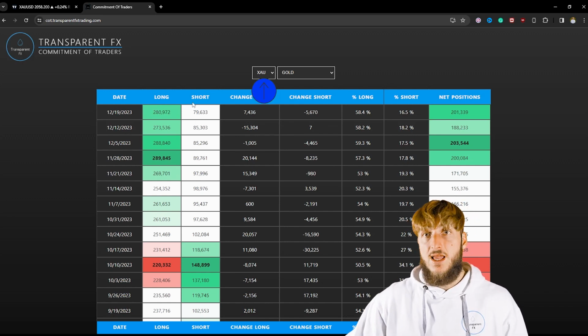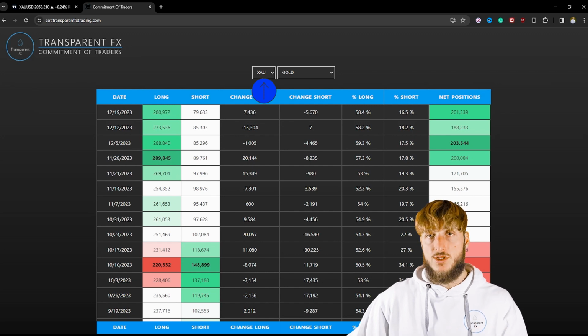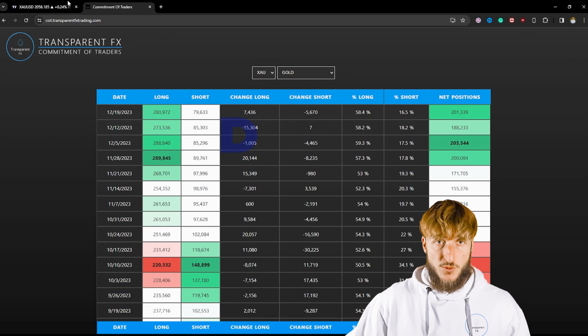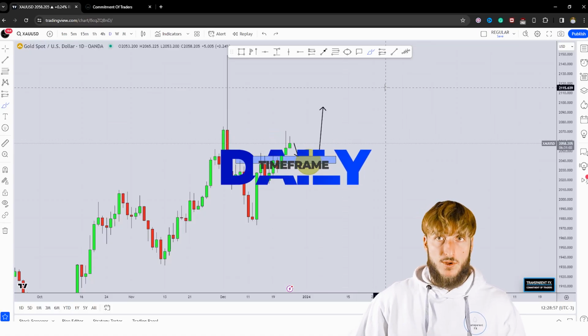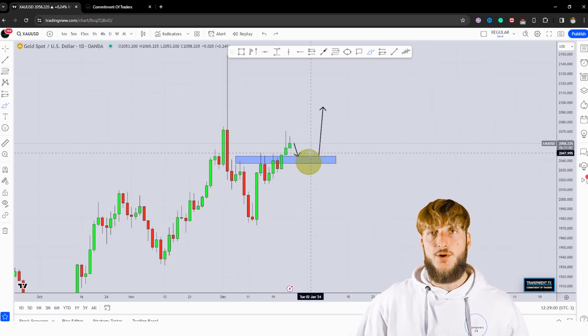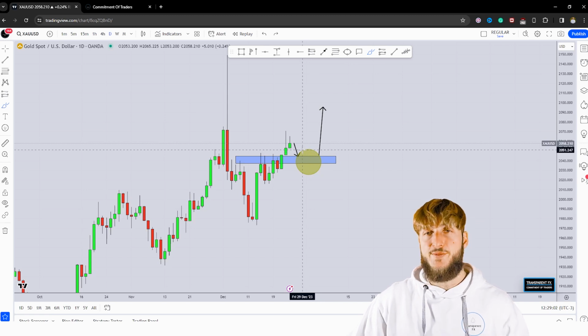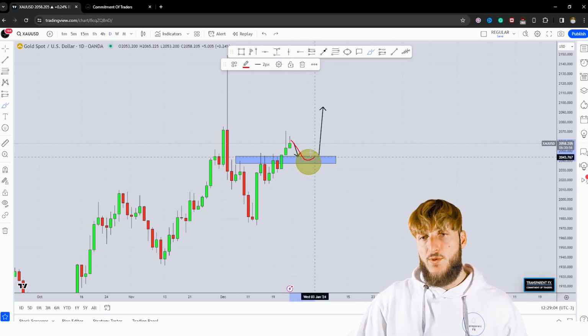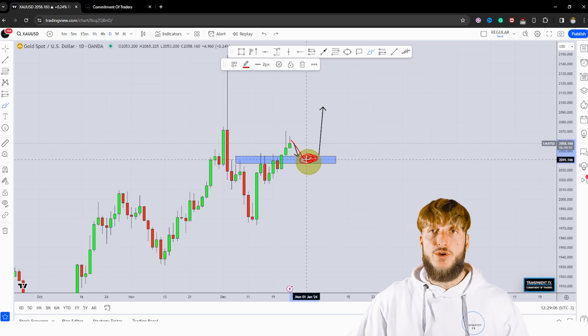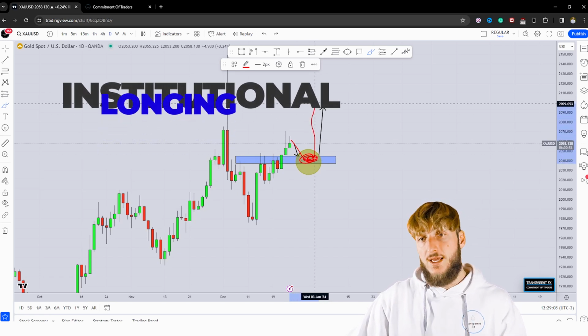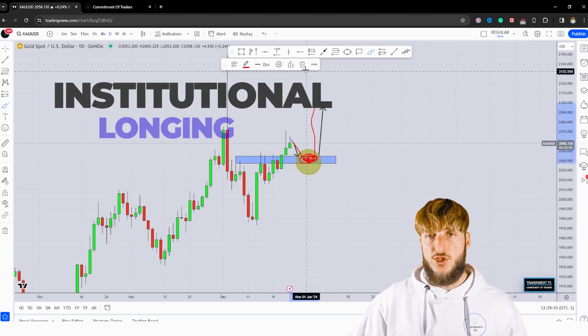Now, it means that they have been positioning themselves to the bullish side for gold because they expect more bullish continuation for it. So keeping that in mind and going back here to our analysis from a technical perspective, if the market will go and retest this confluence of support, we could see more institutional longing that would increase the probabilities of a potential move higher.